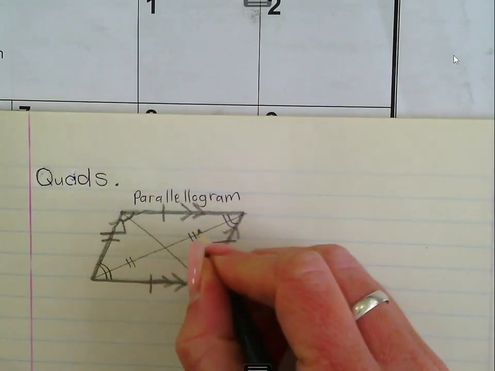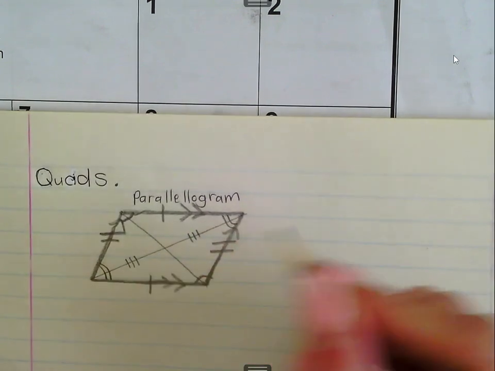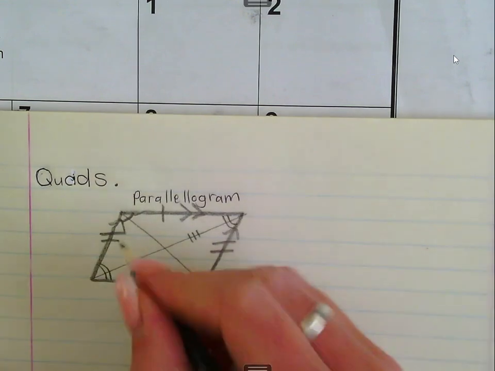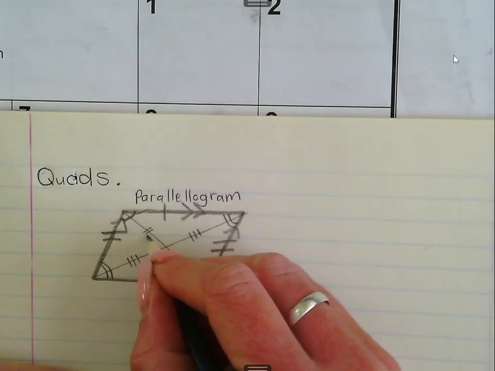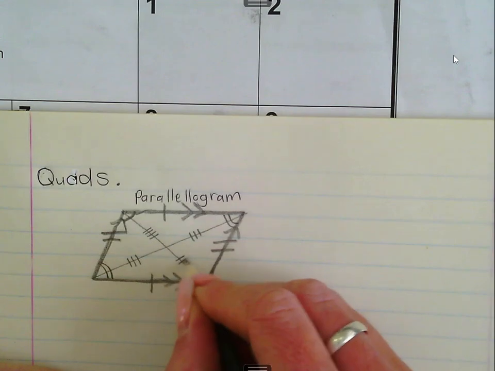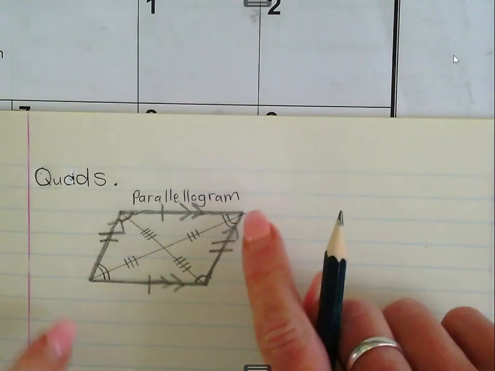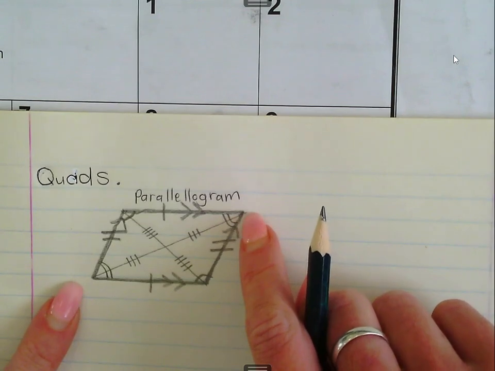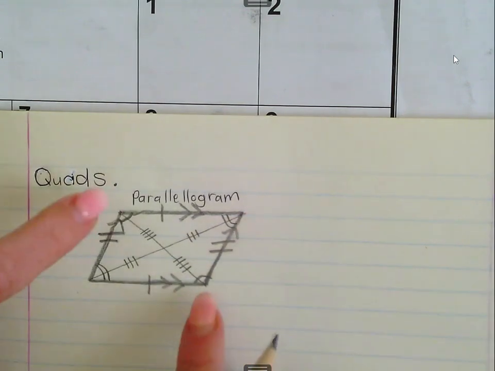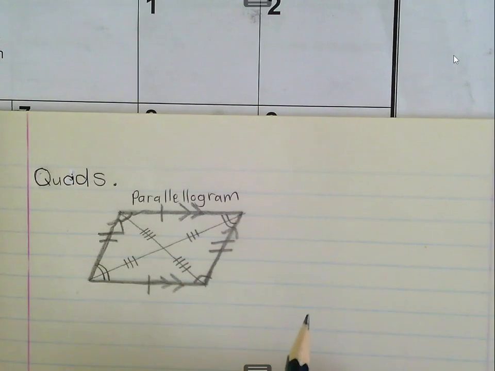Does that mean that they are equal to each other? No. It means that this line cuts this line in half and the other way around. It doesn't mean that this line and this line are equal.